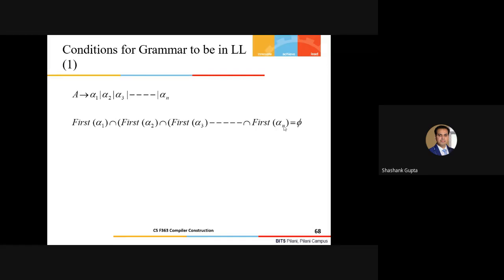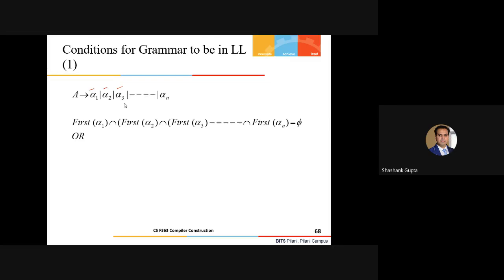That makes sense: the parser has a different set of first tokens here, here, and so on, so it can take unique actions corresponding to the entries in the parse table. So I'll say that this is LL1.